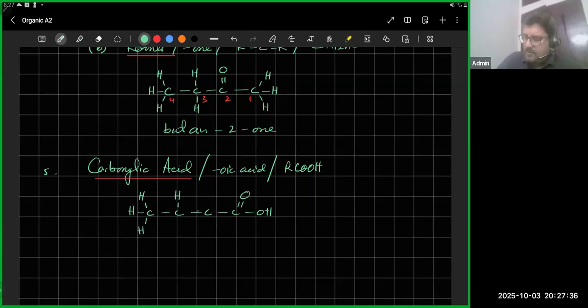So if I put a double bond somewhere, it should be butanoic acid, but now it's going to be butenoic acid. And the double bond is on which one? On the second one.